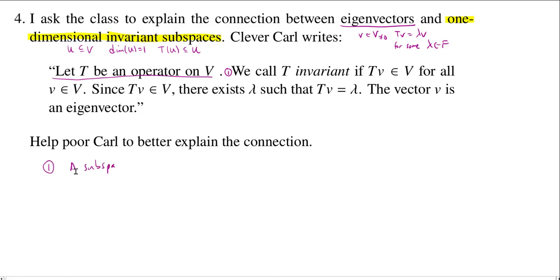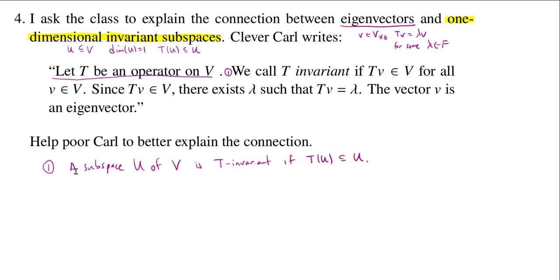Let's call it U, a subspace of V. It is T invariant if the T image of U is contained in U. If you like, T of any element in U is an element of U.